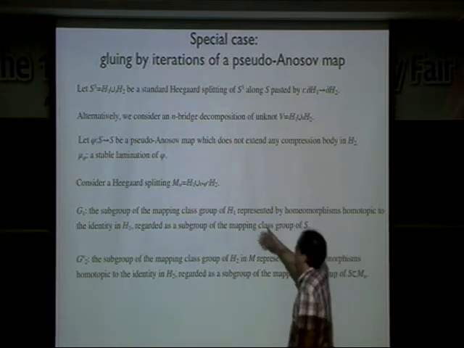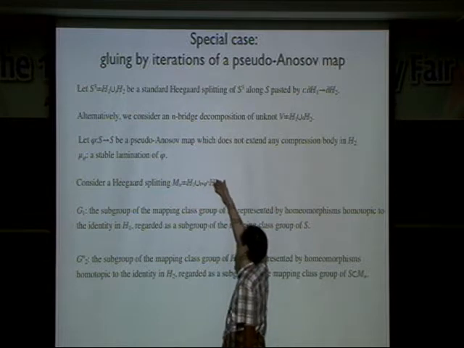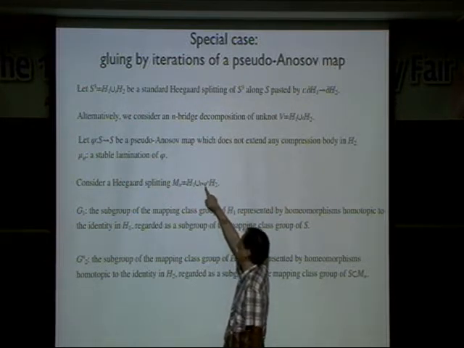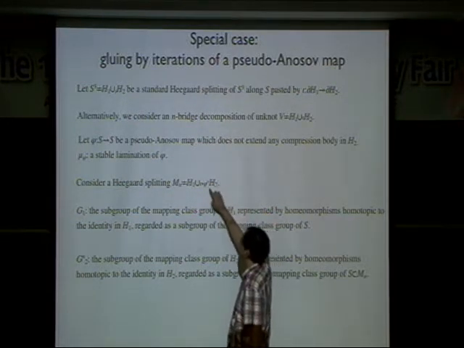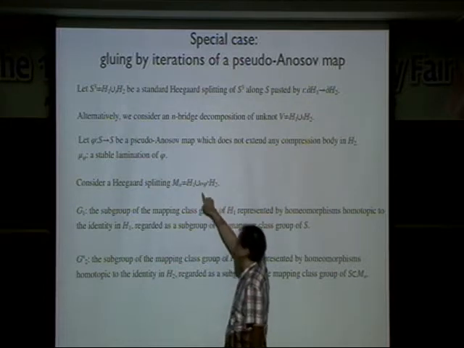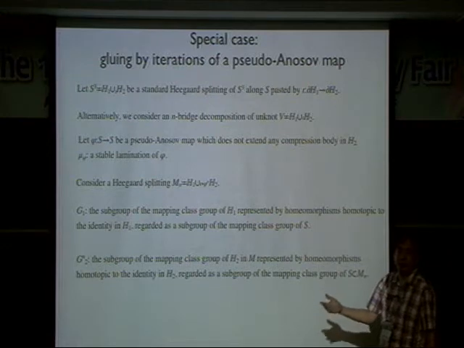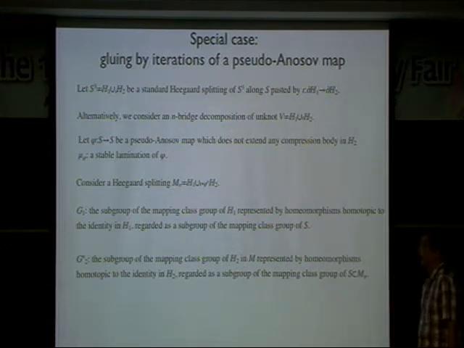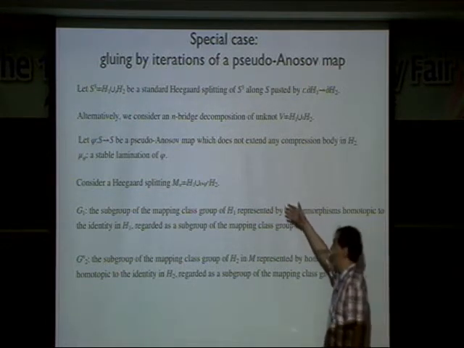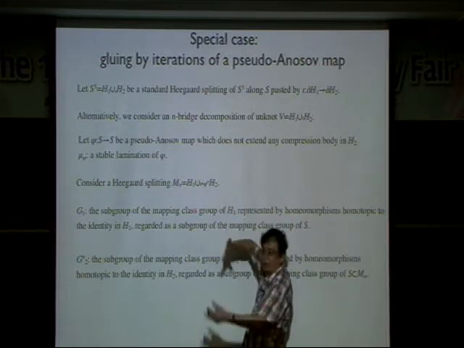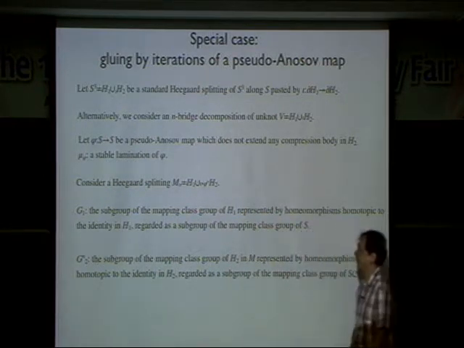Now, because only what changes with n is the pasting map, H1 is constant with respect to n. So what changes is the other handlebody, or the pasting map of the other handlebody.